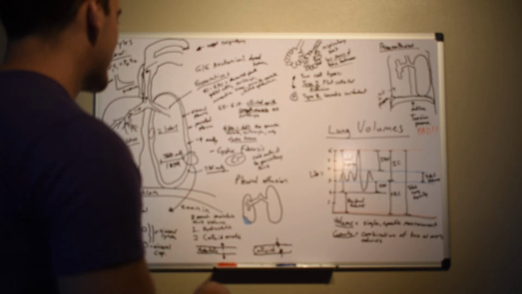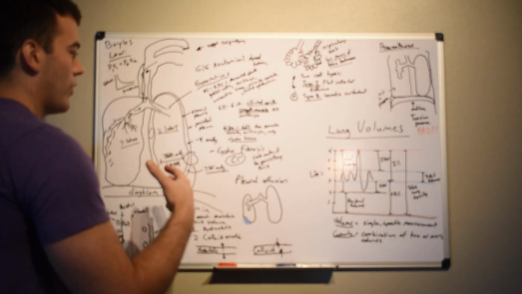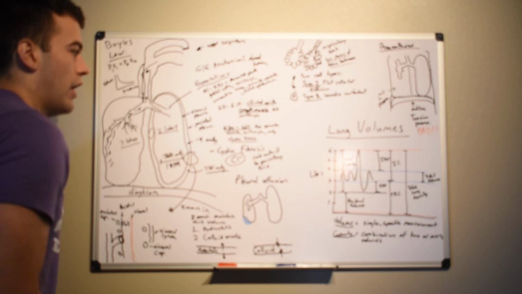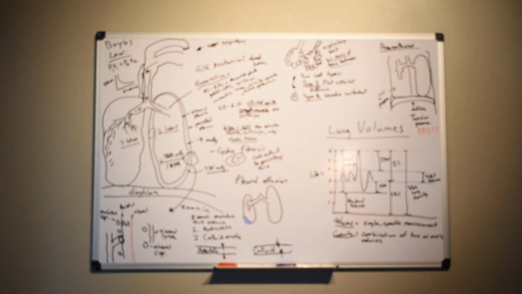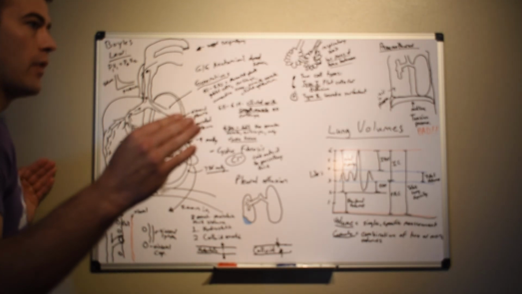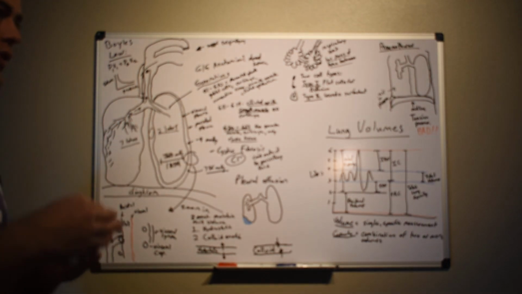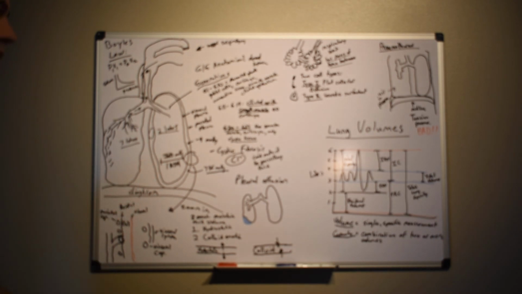So when we increase our volume, it's going to want to get back to the original volume that it started at because of our negative pressure. So our lungs are going to follow the negative pressure of the pleural space and expand or contract as needed.